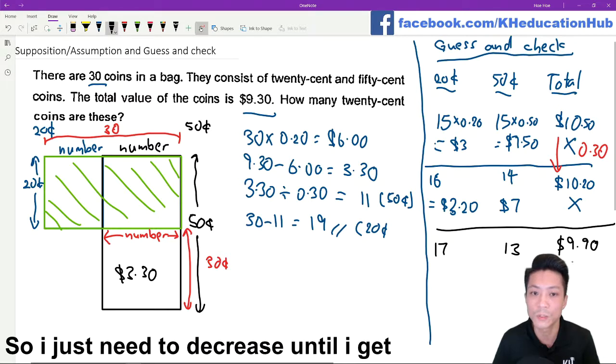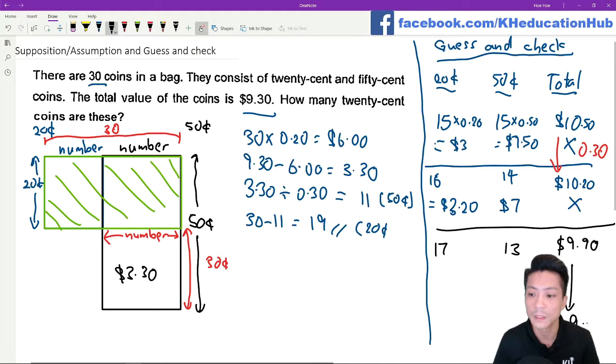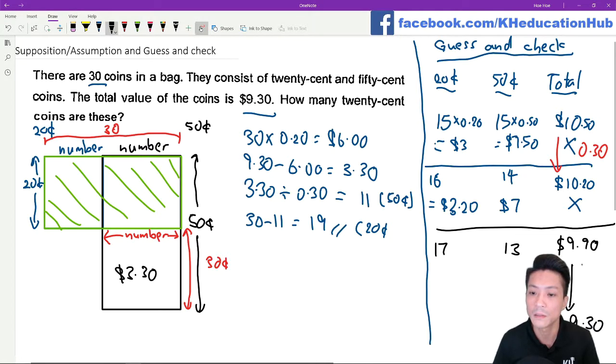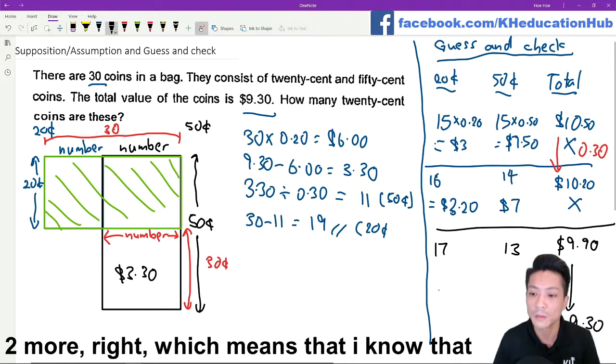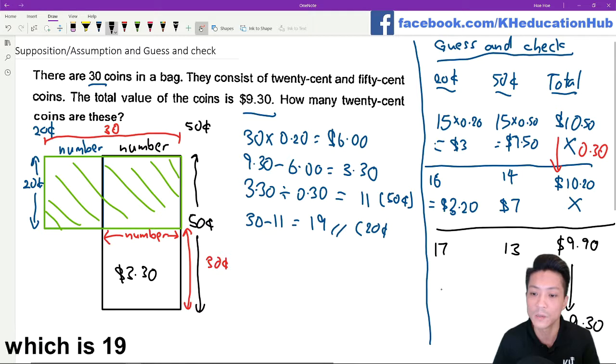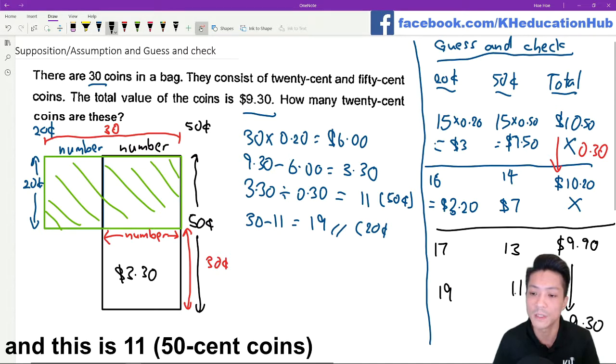So I just need to decrease until I get $9.30. That will be another 2 more, which means that I need to add 2 to the 20 cents, which is 19. And this is 11.